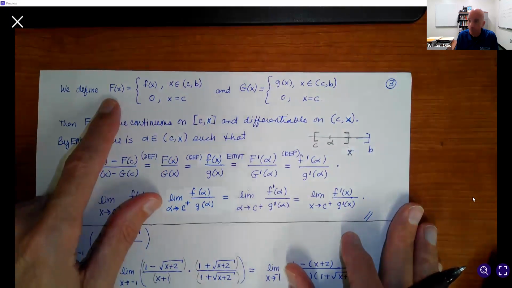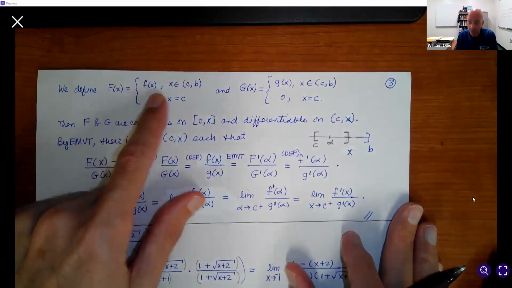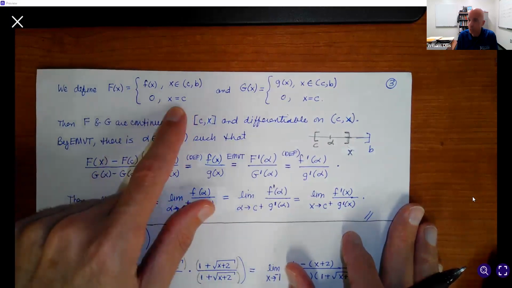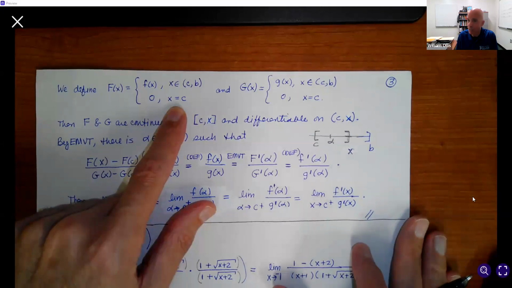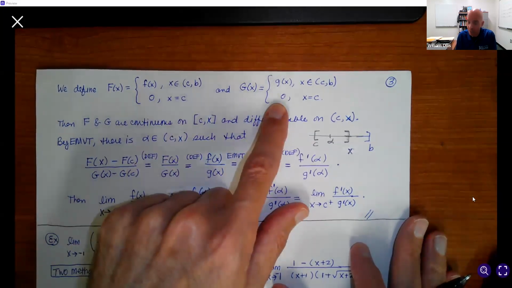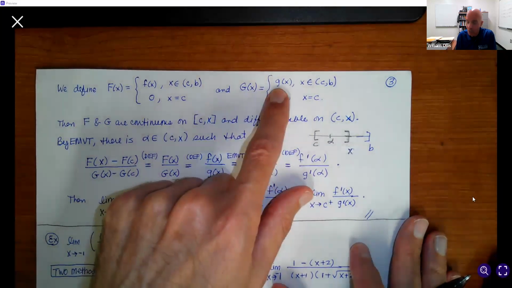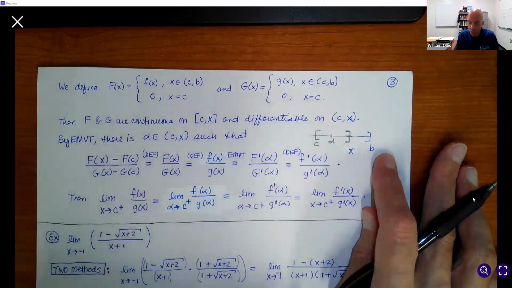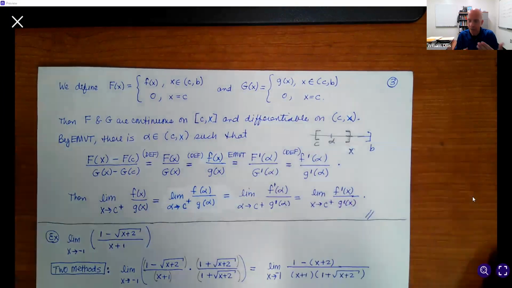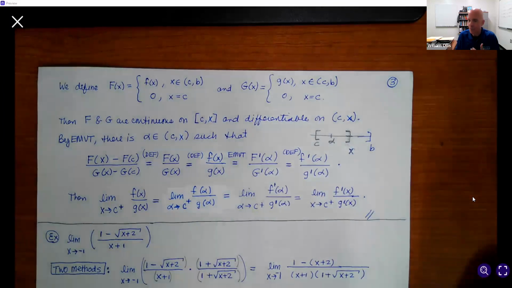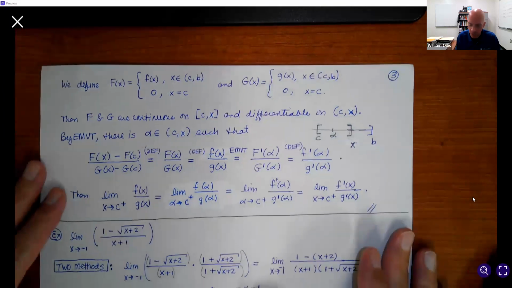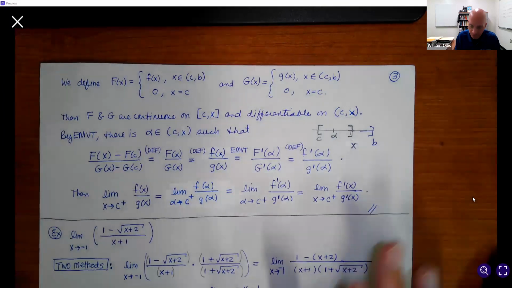That is, big F will just be f of x when x is between C and B, and of course it will be 0 when x is equal to C, based upon our limit calculation. And we'll do the same for G. That is, big G will be g of x, where x is between C and B, and then 0 when x is equal to C. So again, the continuity and the differentiability follow for big F and big G because of the continuity and differentiability for f and g. So we're set up for the theorem.